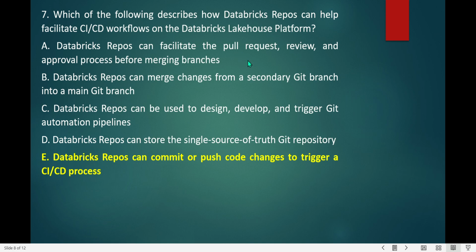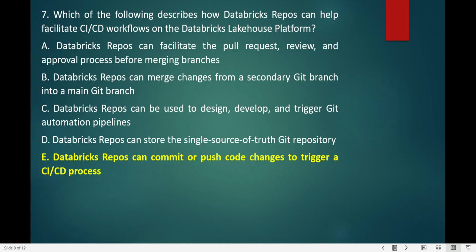Databricks Repos facilitating pull request review, approval, and merging branches does not belong to the above scenario. Databricks Repos can merge a secondary Git branch into a main Git branch is also not supported in this scenario. Option C, Databricks Repos can be used to design and develop Git automation pipelines.